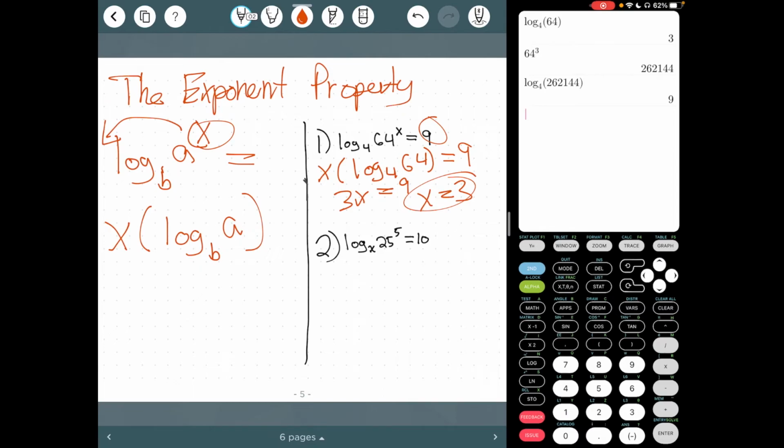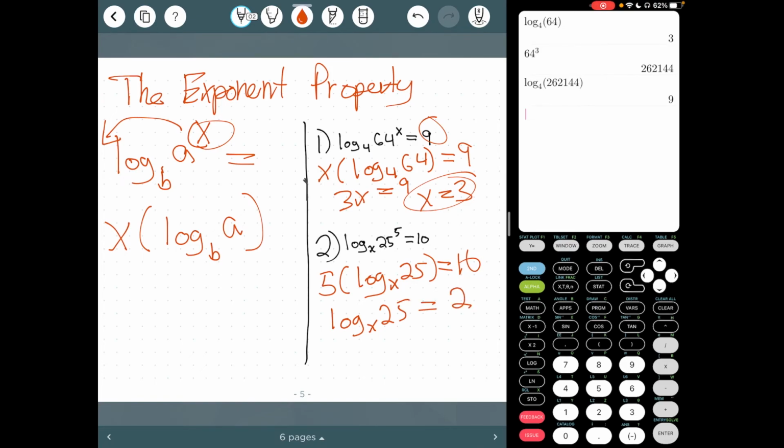For the second example, we can bring that 5 out to the front of the equation. So 5 multiplied by log base x of 25 equals 10. So here we divide both sides by 5, and we are left with log base x of 25 equals 2.